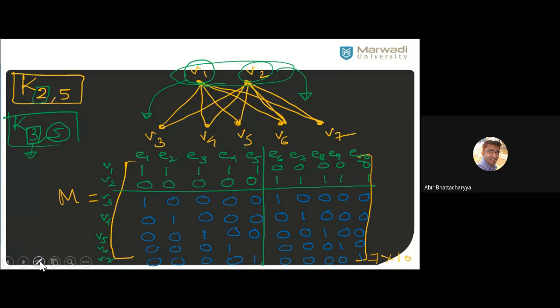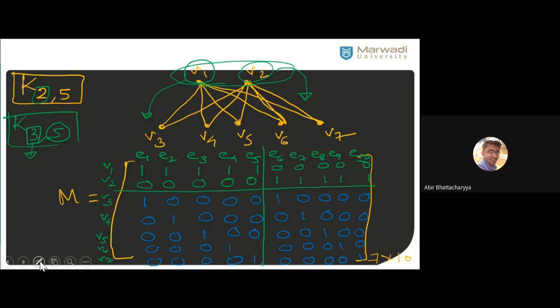the incidence matrix of any complete bipartite graph. Okay, if I ask you K46, how many partitions would be there?